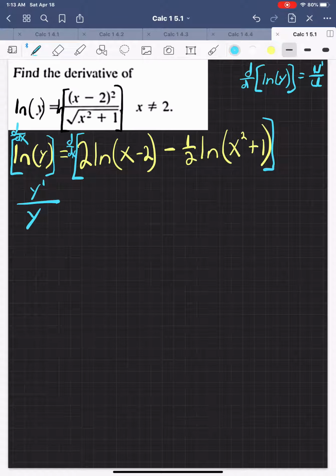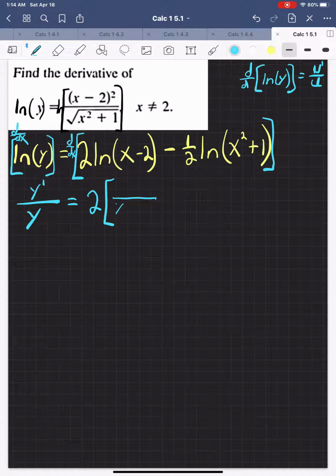All right, now let's go through and take the derivative of the right side. So this would end up being 2, and then this would be u prime over u.